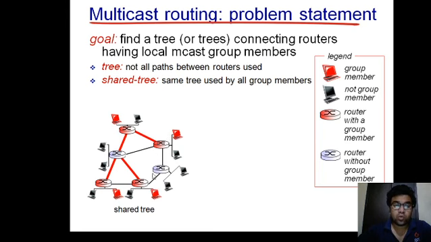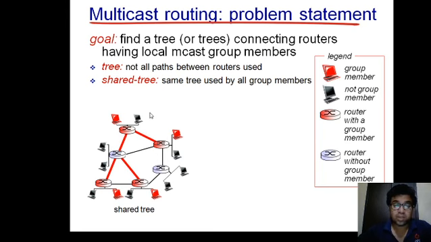So what we'll do is take an IP address from class D and put all these IP addresses in that class D IP address group. So on behalf of these four IP addresses or these four nodes, only one IP address of class D will represent a group of these four nodes.